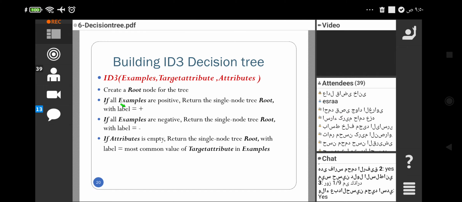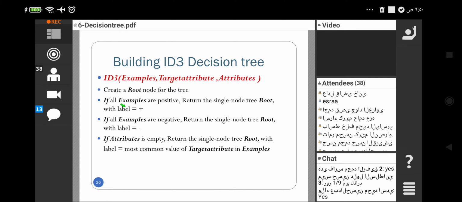The first thing we do in the id tree algorithm is that we create a node, and then we check some conditions. We say that if all the examples are positive, the node we created is a leaf node and the label is positive, and we end the tree in that node.